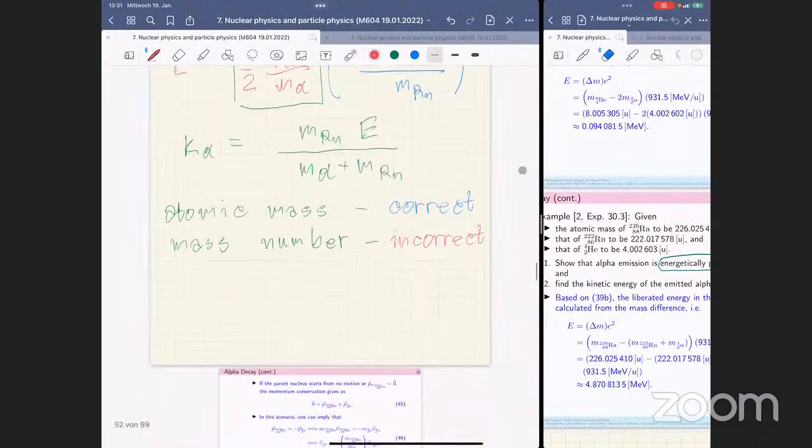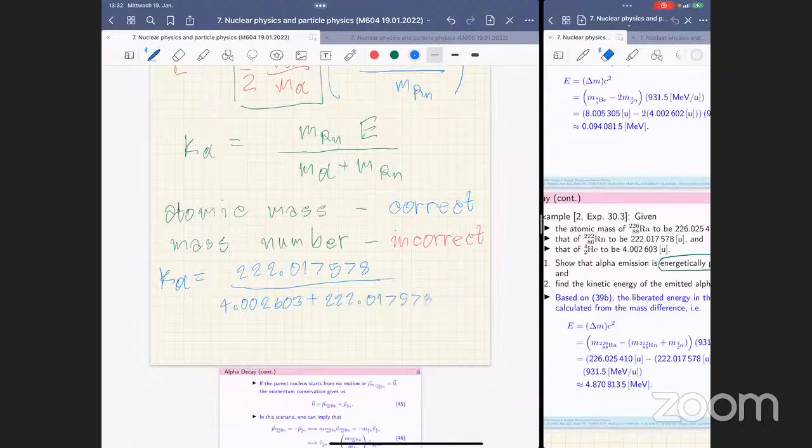The first way is the blue one, right? K alpha will be the mass of radon, 222.017578, divided by the mass of helium, which is the alpha particle, 4.002603, plus 222.017578 right here.